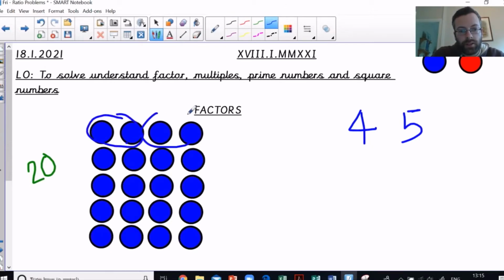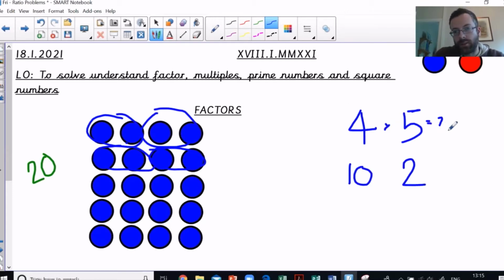Okay, if I could divide 20 by 2, I would end up with, hopefully you'd work out, 10 groups, and it's 2. Now factors usually come in pairs because 4 times 5 is equal to 20. 10 times 2 is equal to 20. And we will keep on going until we found all of the number pairs that go together to equal 20.